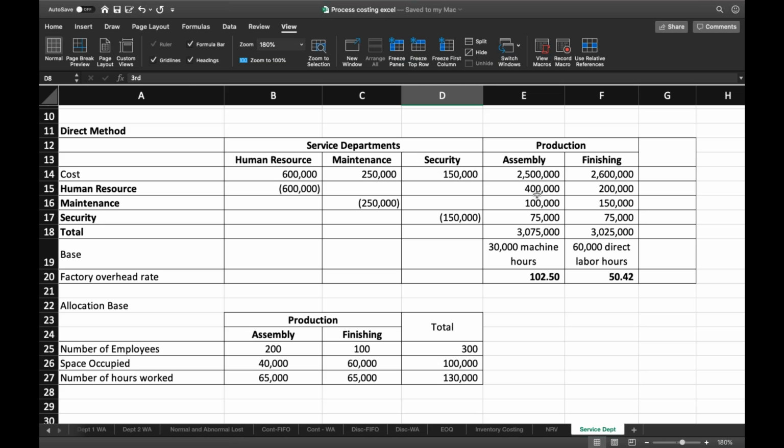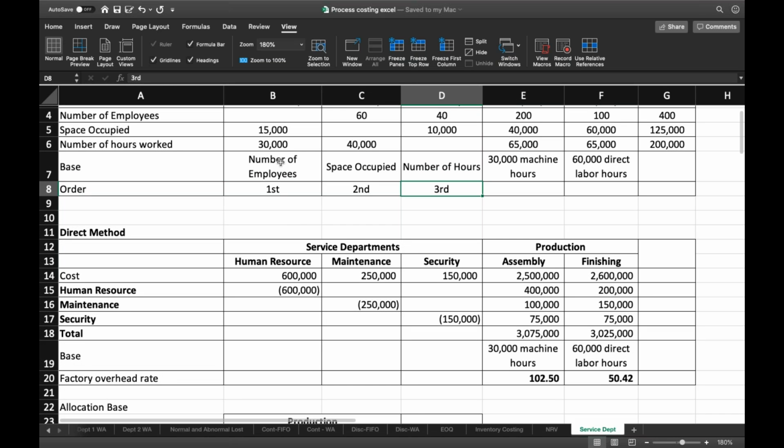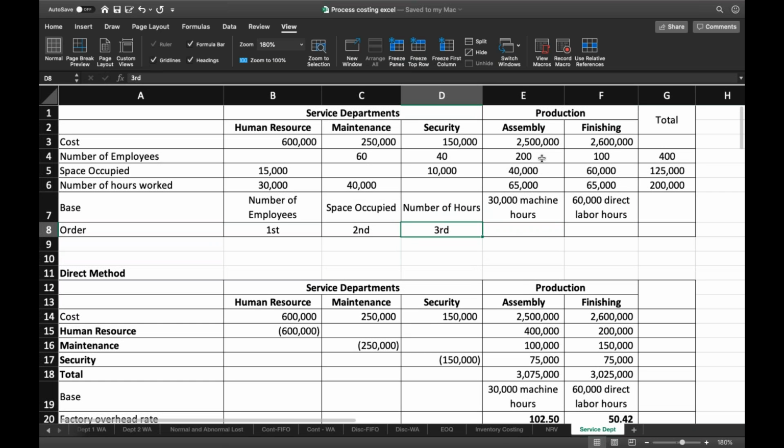So if the allocation base of human resource is number of employees, and the assembly department has 200 employees, while the finishing department has 100 employees, in total they have 300 employees.